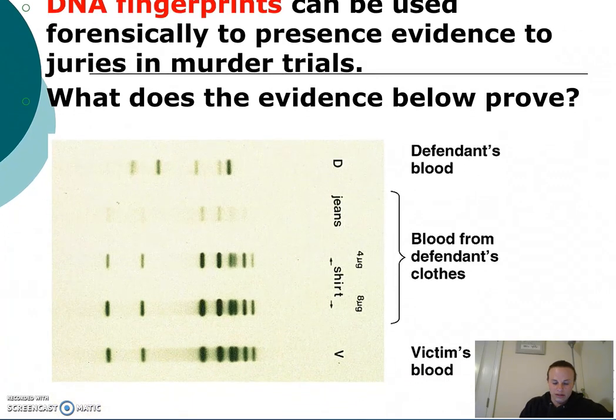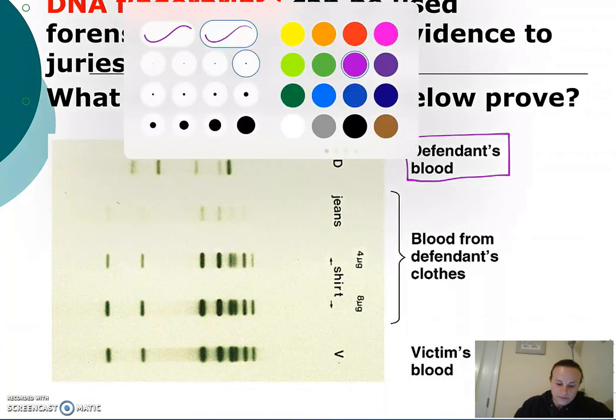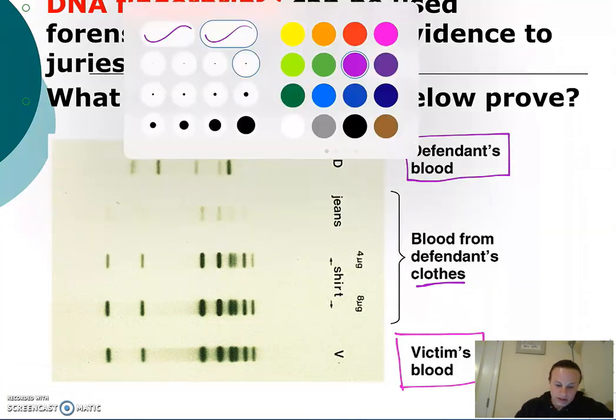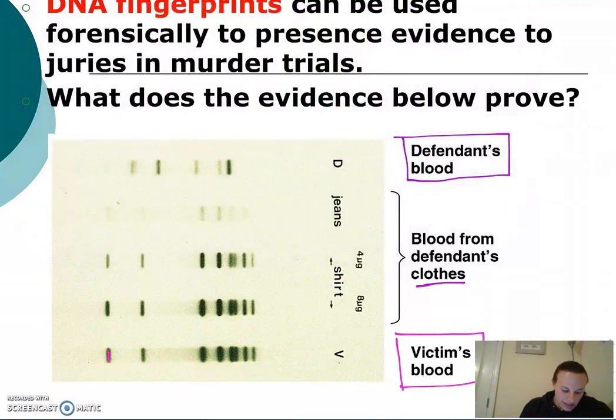So take a look at this evidence below. Here is my defendant's blood. And now here is the victim's blood. Now on the defendant's clothes, do you see how many of the markers found in the DNA fingerprint of the victim are found on the defendant's clothes?